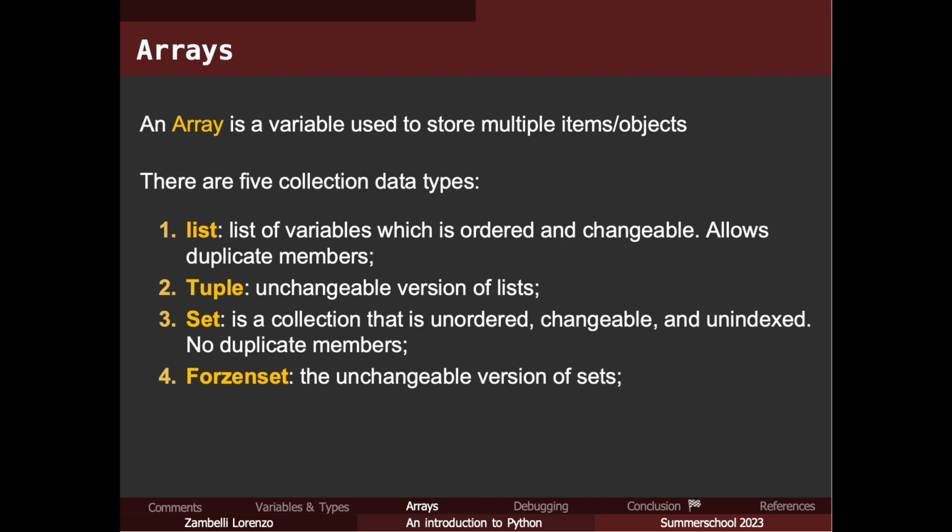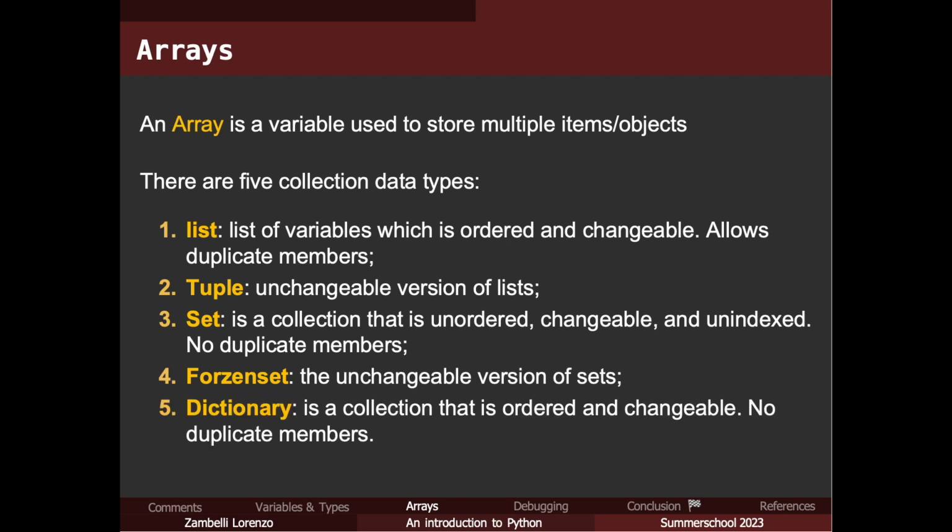Basically, we cannot make any modification to it. And finally, dictionary. These sets and dictionaries are mainly used in object-oriented programming, which we do not cover in this lecture series, but I thought it was really nice to inform you guys about these arrays.